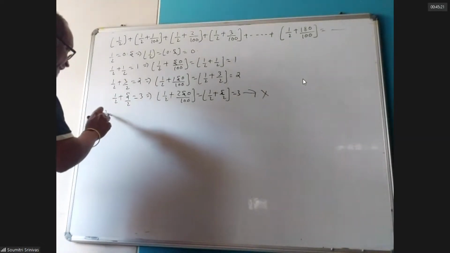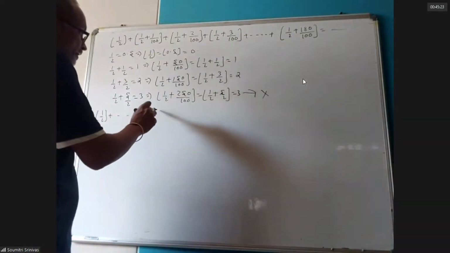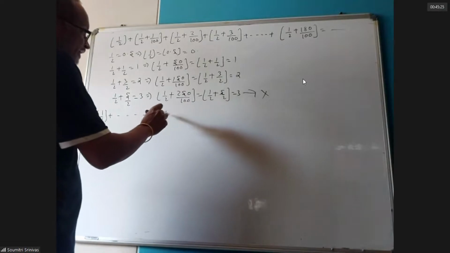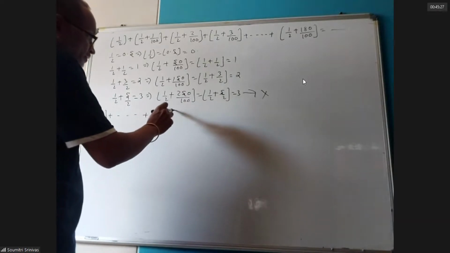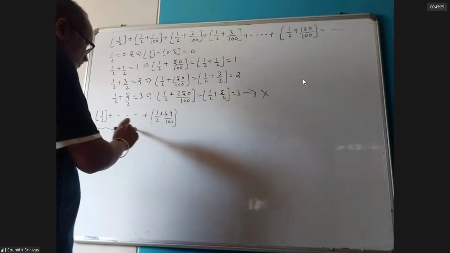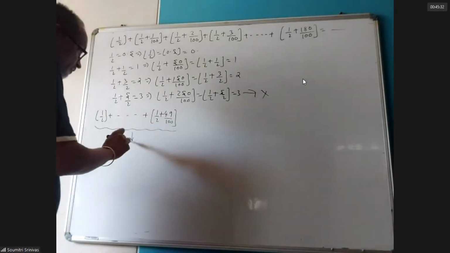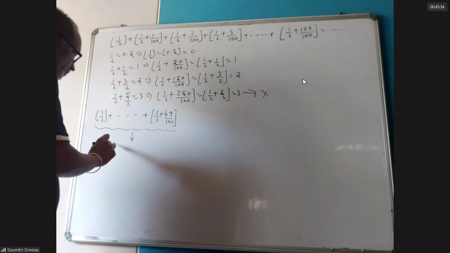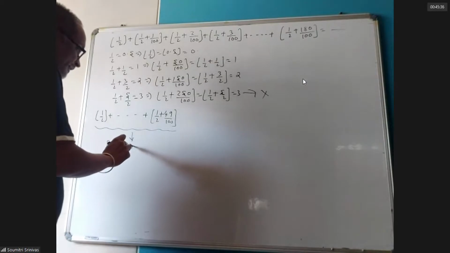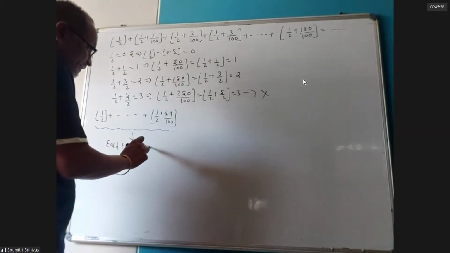So 1/2 up to 49 by 100: what does each one of these contribute? 0. Each term is 0.